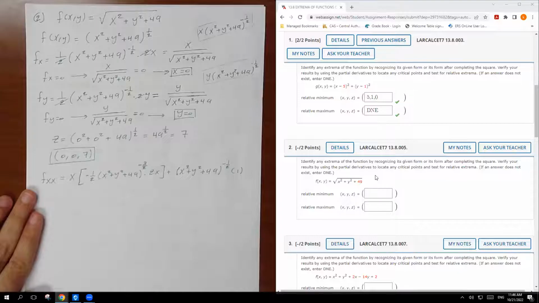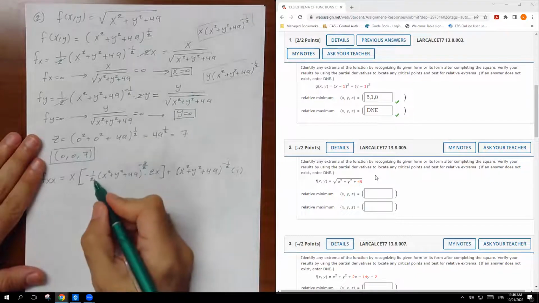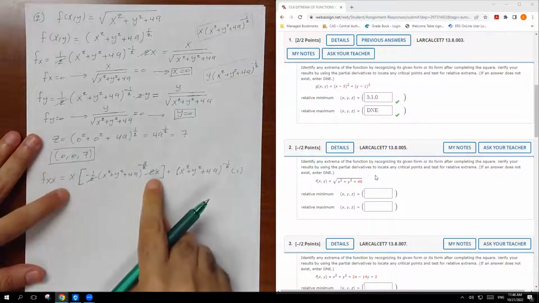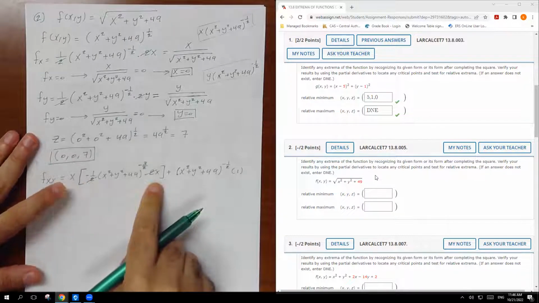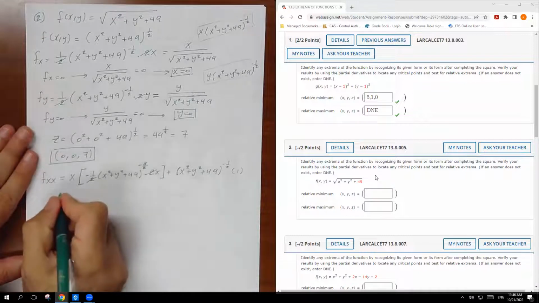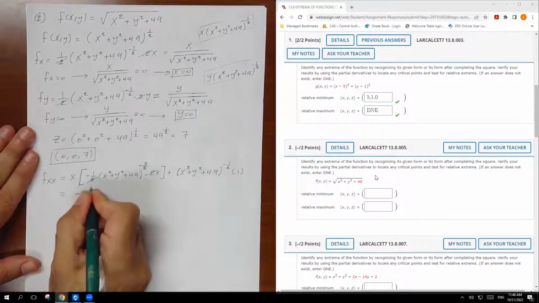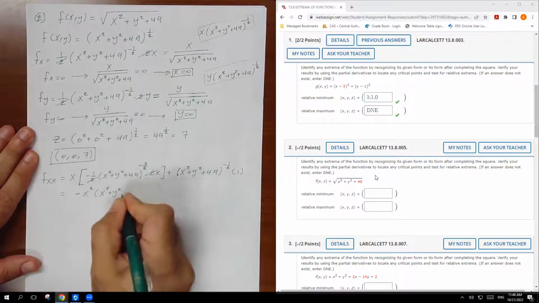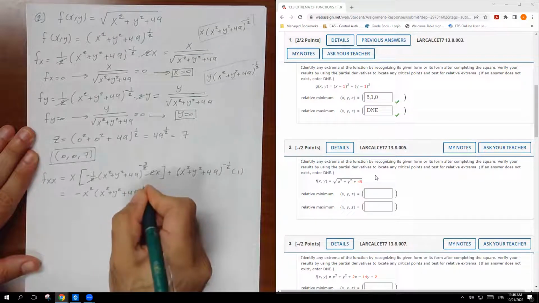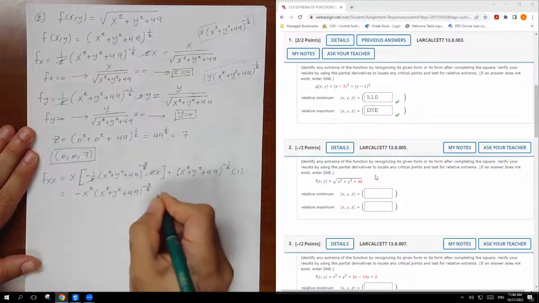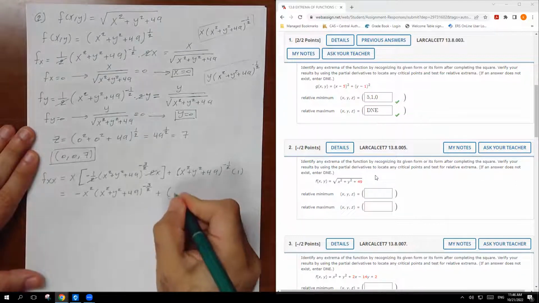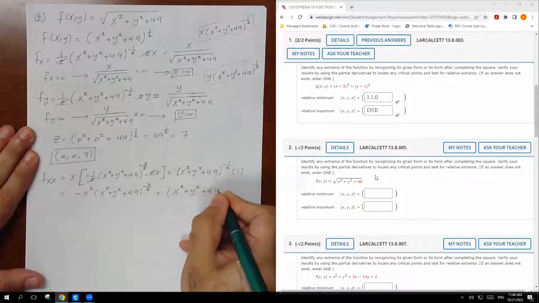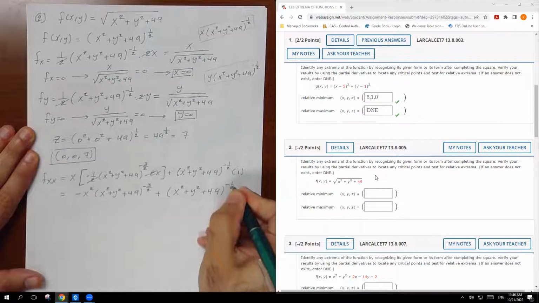Let's keep going. Now we're going to simplify, because this 2 goes with this one. We're going to multiply x times negative x, which is going to be negative x squared. So here is going to be negative x squared times (x squared plus y squared plus 49) to the negative 3 over 2, plus, I'm just simplifying, this one is going to be (x squared plus y squared plus 49) to the negative half, because this is 1.